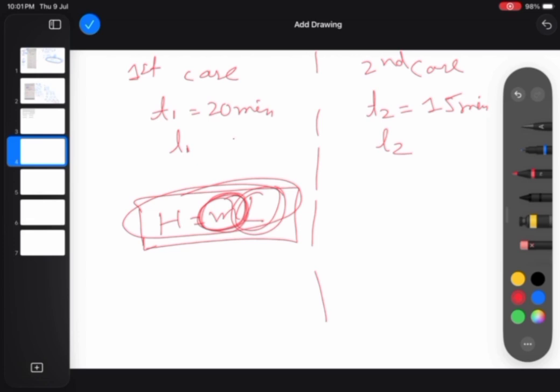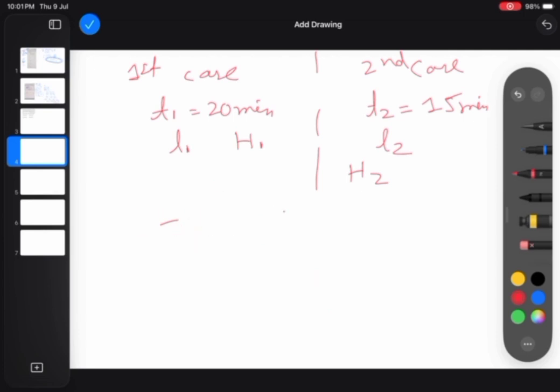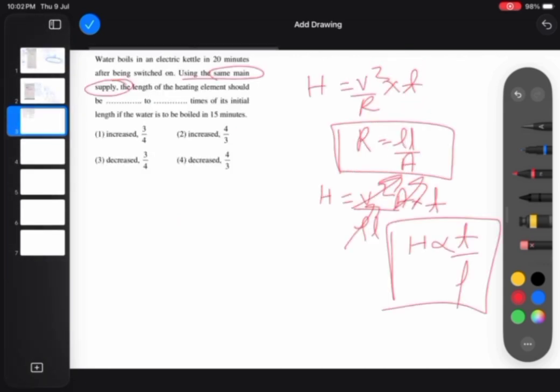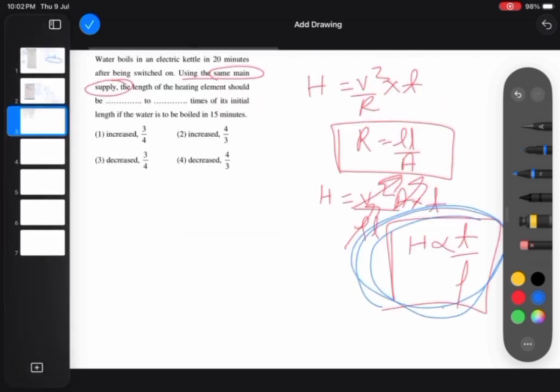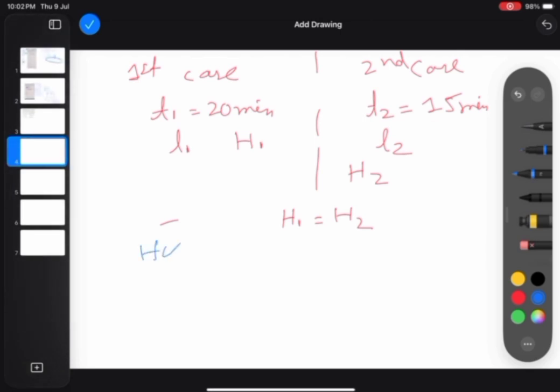Let H for the first case be H1 and for the second case be H2, so H1 will be equal to H2, and we know the relation that H is directly proportional to T upon L. Which means T1 by L1 will be equal to T2 by L2.